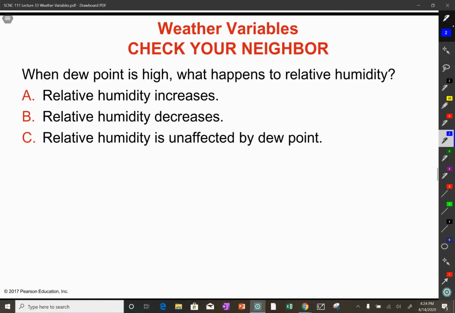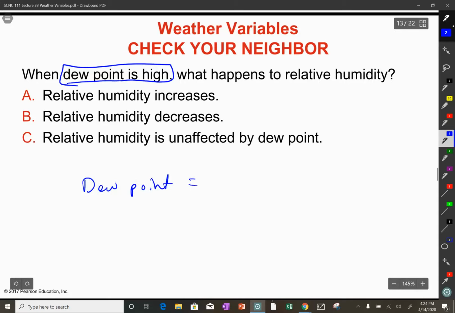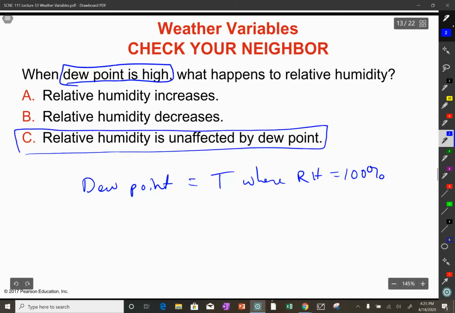Next question, when the dew point is high, what happens to the relative humidity? Well, the dew point is the temperature where relative humidity equals 100%. That is when the humidity equals the saturation humidity. So what happens when the dew point is high? What happens to relative humidity? Well, the relative humidity is unaffected by the dew point. Excuse me.